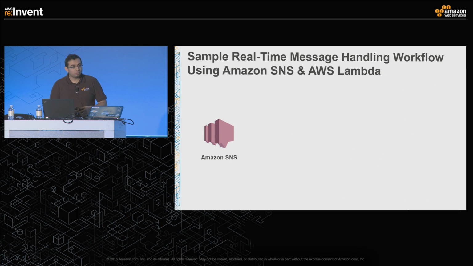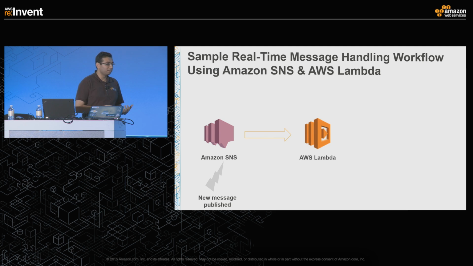One more architecture I'll show over here is how you could use Lambda as a message handler. As with the other three architectures, whenever a new message is published to an SNS topic, by now you will be familiar with this architecture, that will trigger the Lambda function. And then depending on what that message is, you could do different things inside the Lambda function.